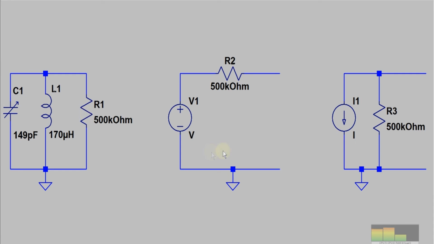Or we could look at it as a current source with a parallel output impedance of the same value. Always these are, in our example, 500 kilo ohm.